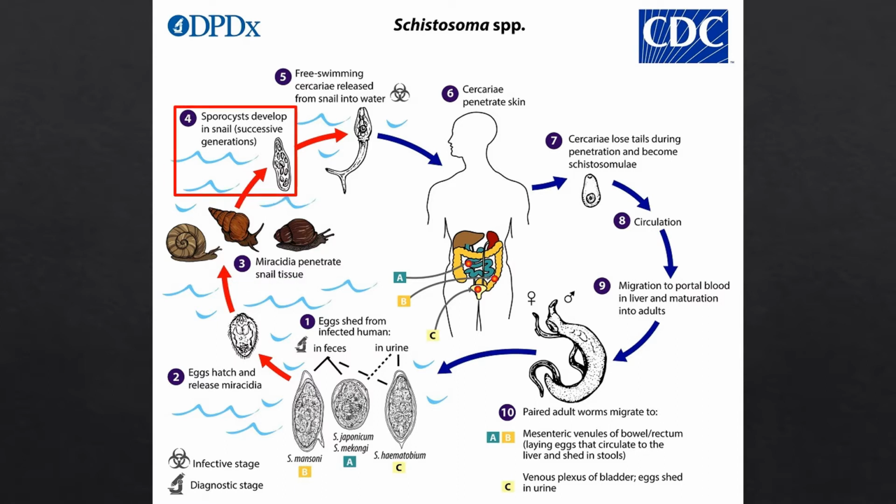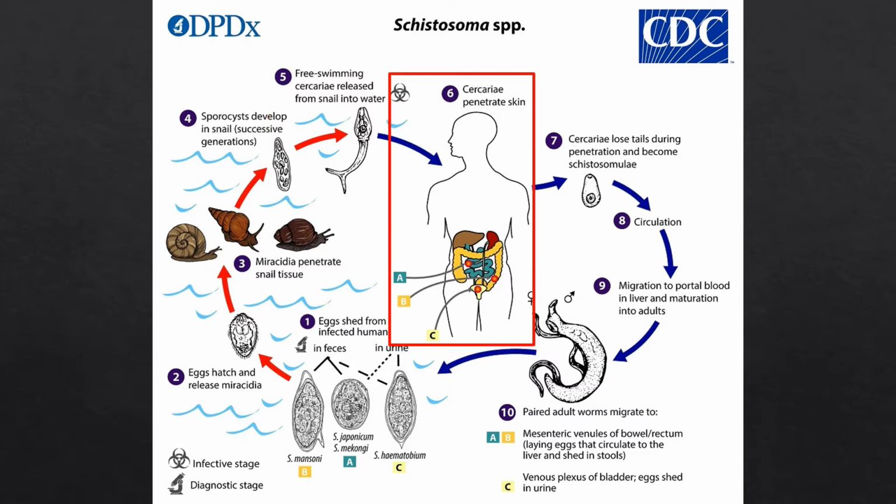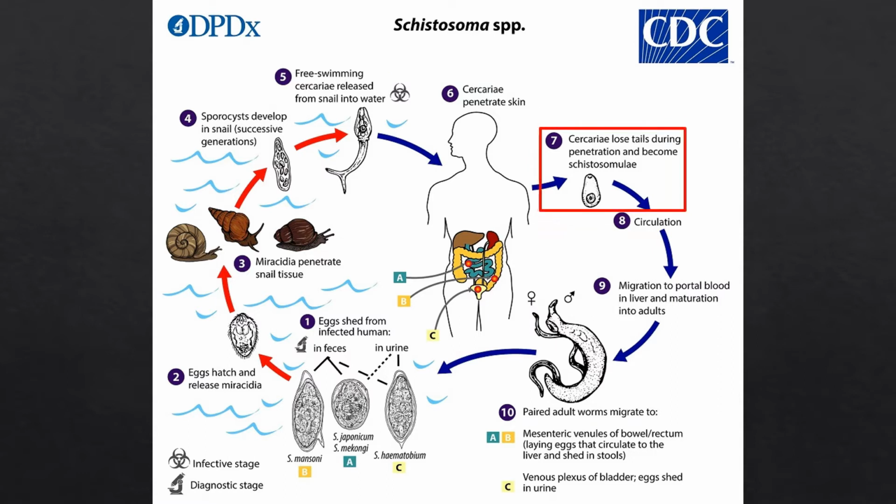The stages in the snail include two generations of sporocysts and the production of the cercariae. Upon the release from the snail, the infective cercariae swim and penetrate the skin of the human host, and shed their forked tails to become the schistosomulae.